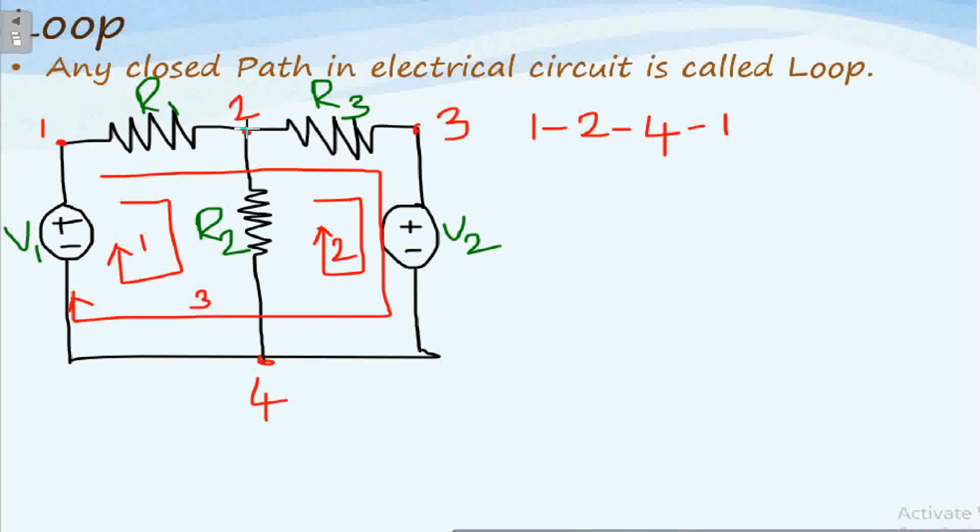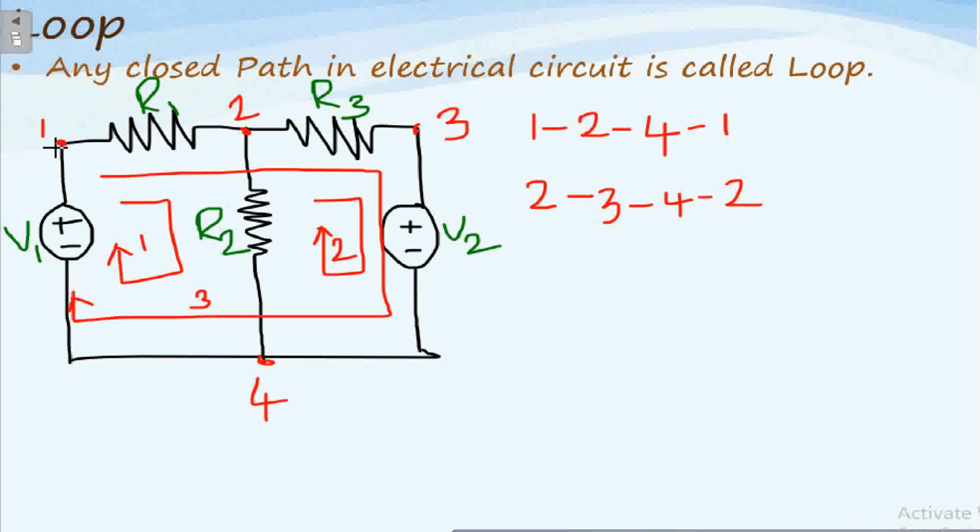Next, the second loop, starting from 2, moving towards 3, and from 3 moving towards 4. From 4 moving towards 2. So loop 2 is 2, 3, 4, 2.